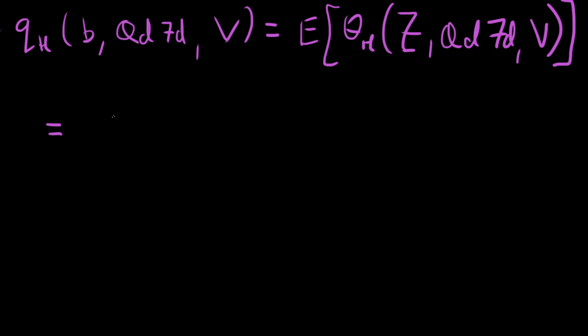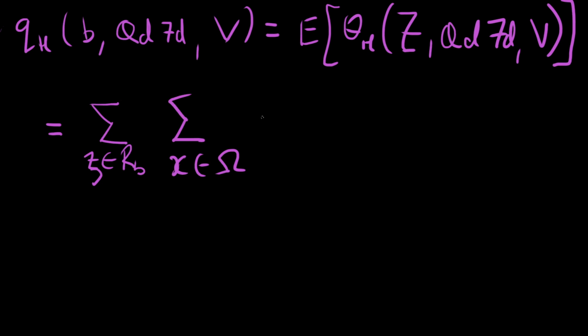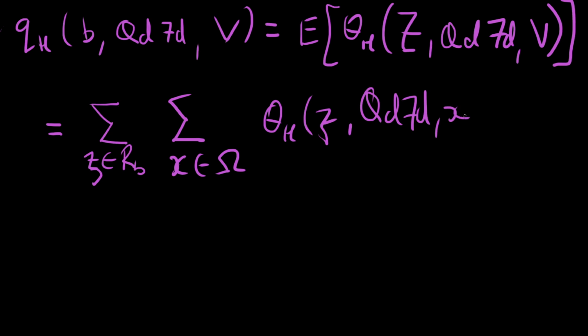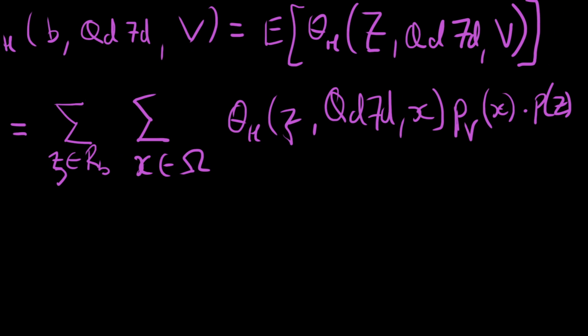This is equal to the double sum of lowercase z in RB and X in the set of all hands of the showdown function for hero, with z as a placeholder, queen of diamonds, 7 of diamonds, which is hero's hand, and X, which is villain's hand, times the probability distribution for villain's hand distribution, so it's PV of X. And then we multiply that by the probability distribution for the deck, P of Z. Thankfully, we know that P of Z is in fact uniform.